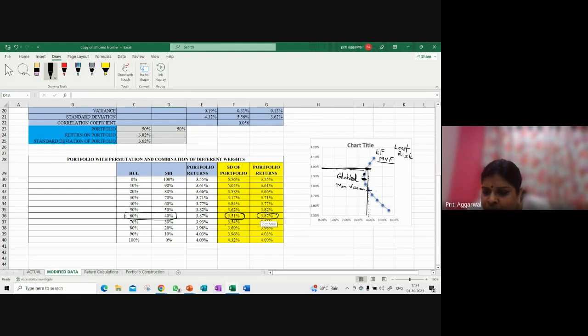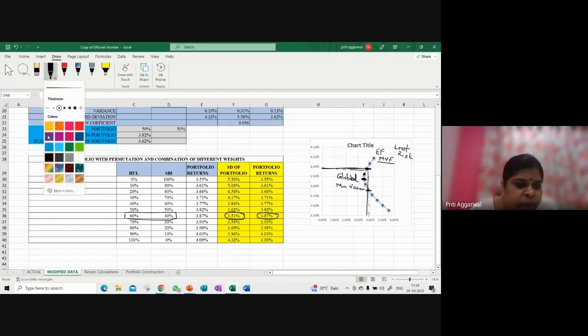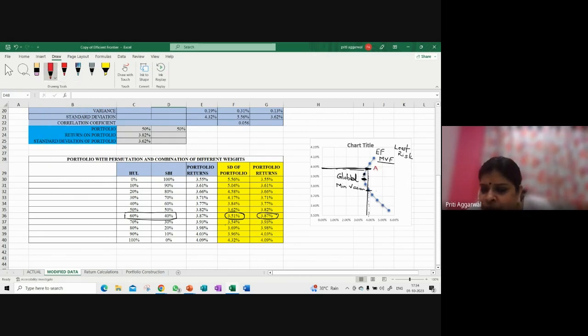There is a portfolio over here, both in the efficient frontier. So let me have a portfolio A and a portfolio B.